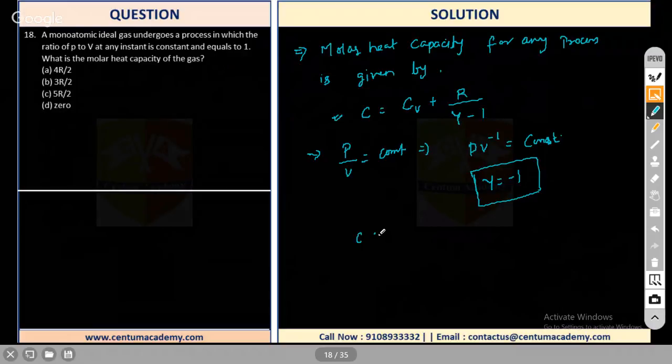C is equals to CV plus R by 2, and CV we know is 3 by 2 R, plus R by 2. So it is 2R or 4R by 2. So option A is correct.